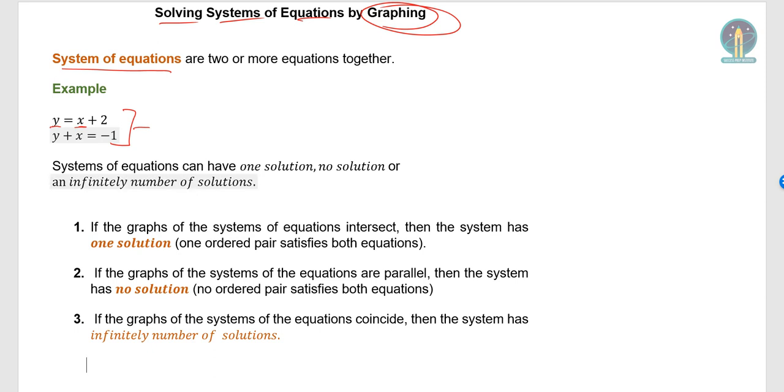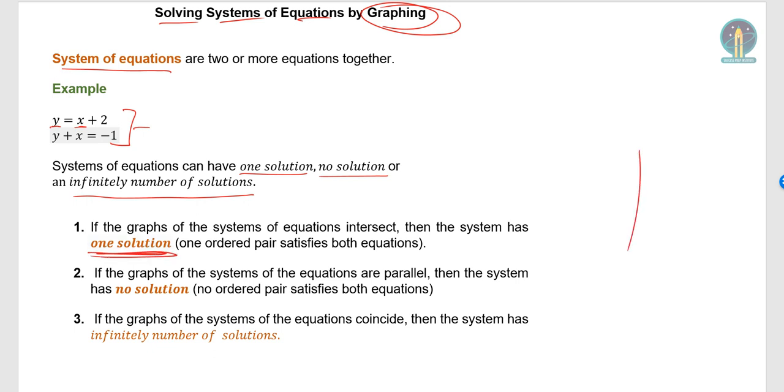Now, a system of equations can have one solution, no solutions, or an infinite number of solutions. If the graphs of the system of equations intersect, then the system has a single solution.